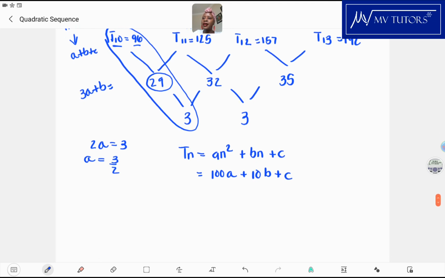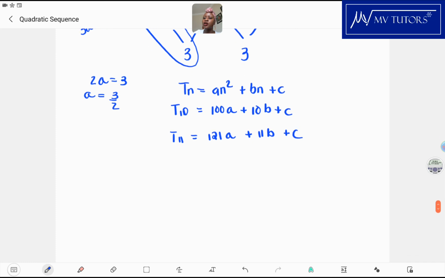Actually, I'm going to do T10 and T11. T11 would be 11 squared, that's 121a plus 11b plus c.